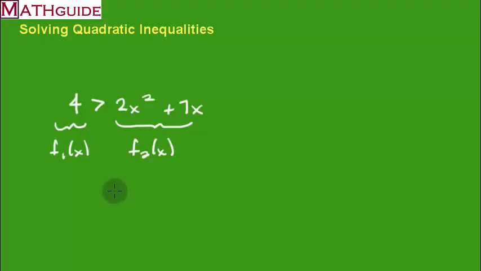On a number line, I'm going to put -4.5, which I could write as a fraction, and of course we know that 0 is going to be somewhere over here. Now there is no equality here, so these critical values are not part of the answer.